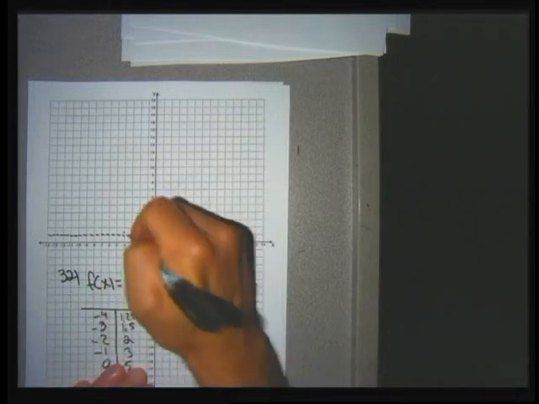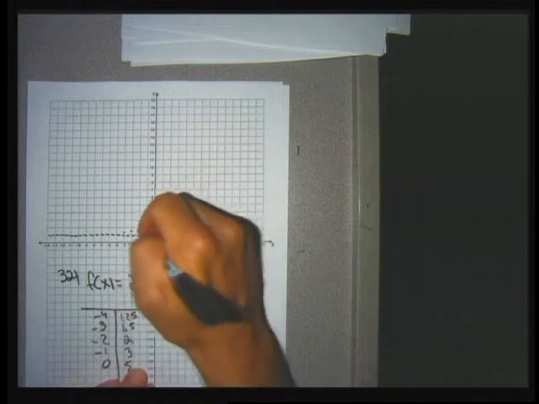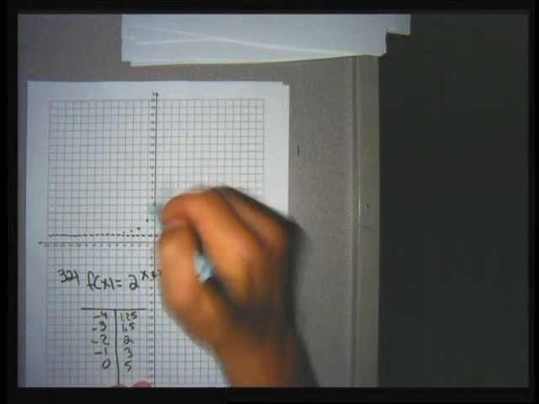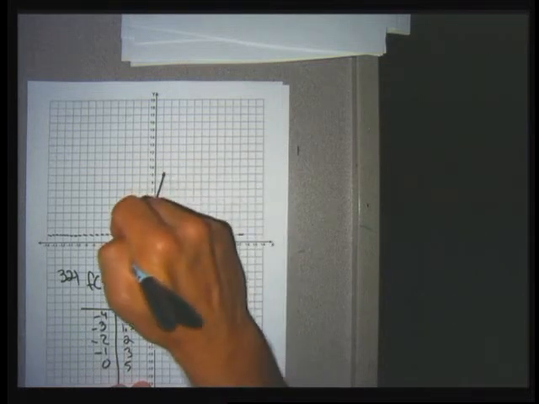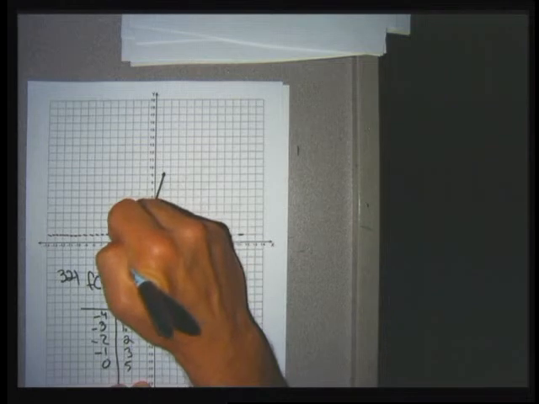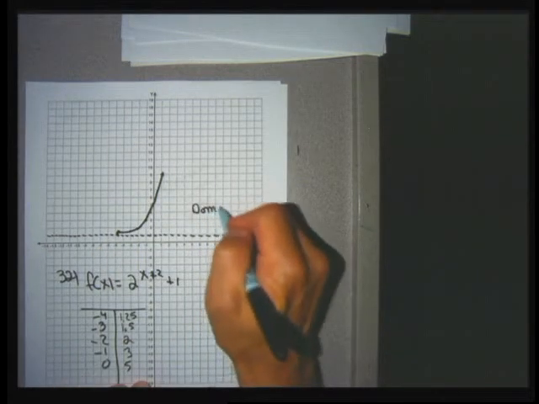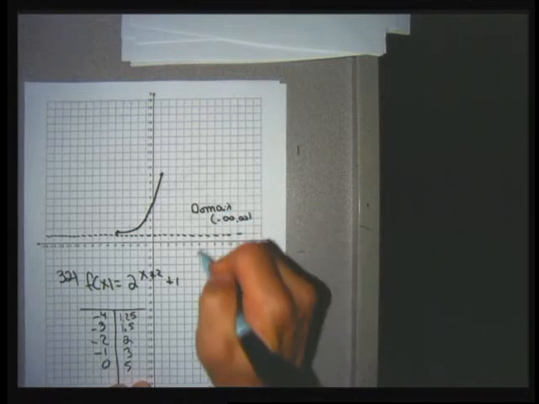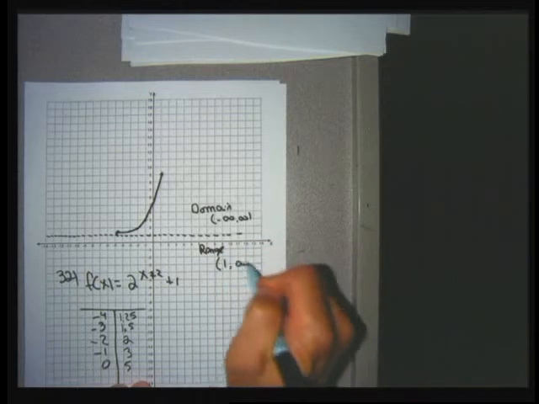And then negative 3, 1 1/2, again, it's right above that line a little bit. Negative 2 and 2, negative 1 and 3, 0 and 5. Good enough graph. For all our graphs, the domain is negative to positive infinity, and when there's a number after the exponential function, that's going to be the beginning of our range.